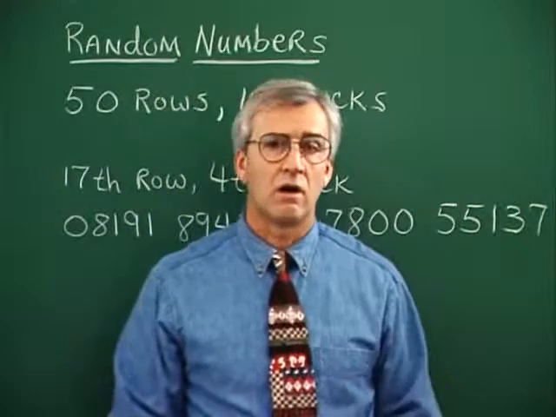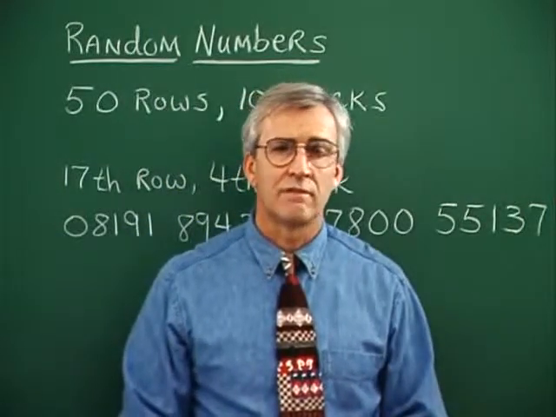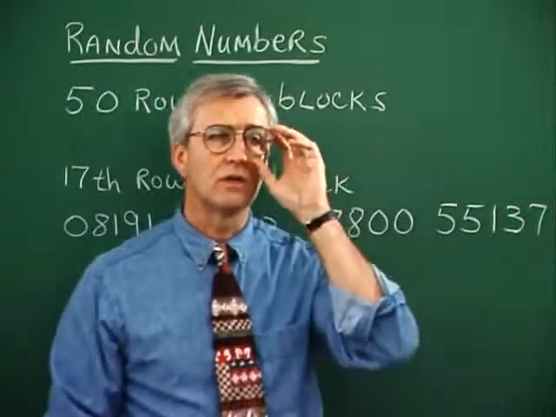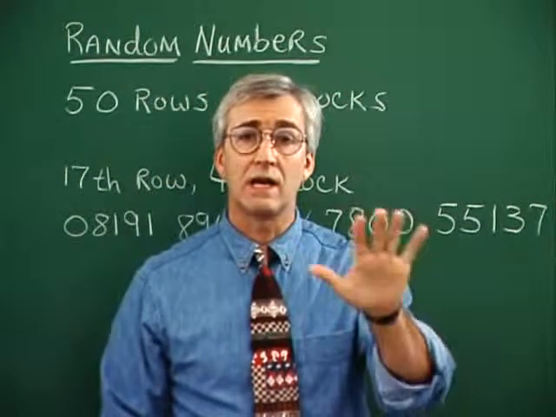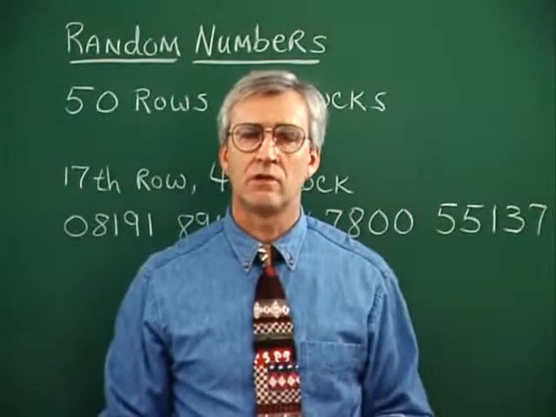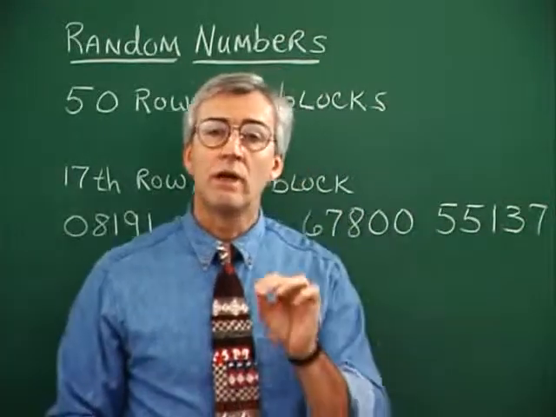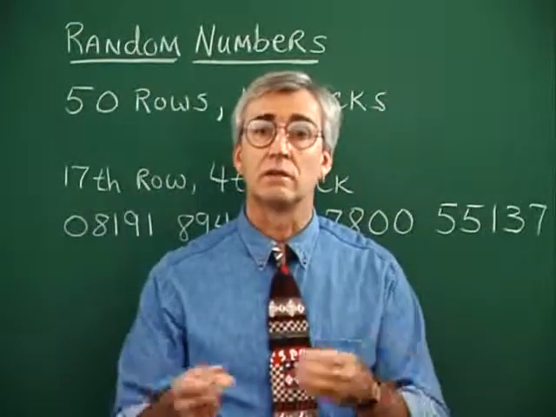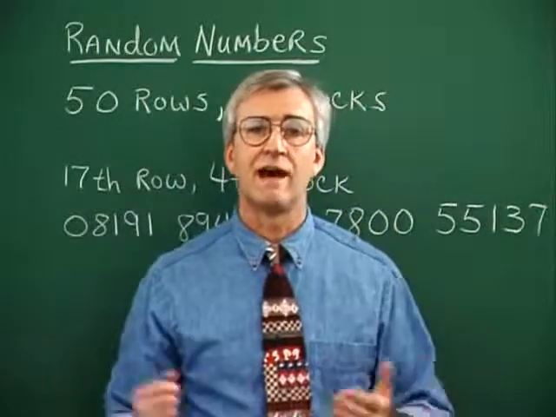Suppose there are 500 automobiles and we want to select 30 of them for some kind of sample. 500 automobiles. Well, we could assign a number to them. We could put a number on the windshield of them, 1 through 500.